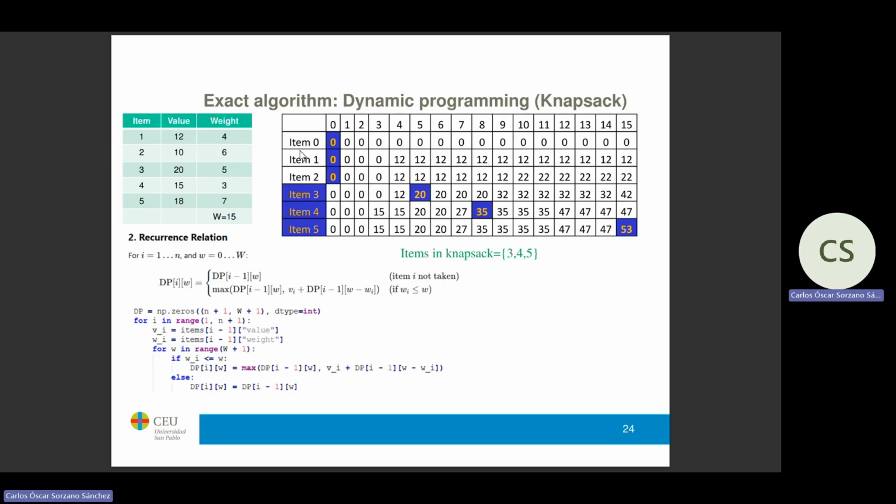Now we take item 1. With item 1, the weight is 4. So for the capacity 0, 1, 2, and 3, we cannot take it, so the value up to there is 0. And then at weight 4, we can take it.